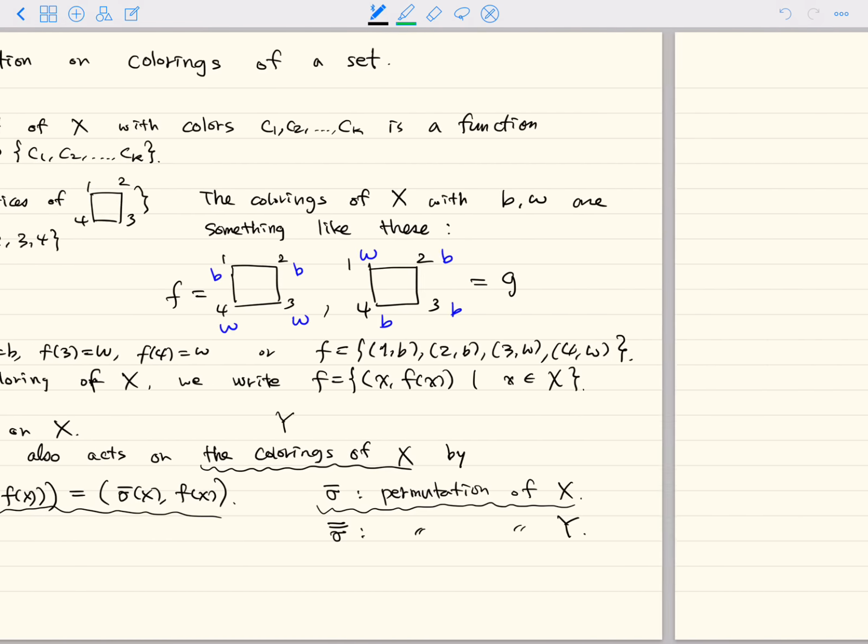So let's just consider an example. D4 acts on the vertices. X is the vertices of a square, so 1, 2, 3, 4 basically.